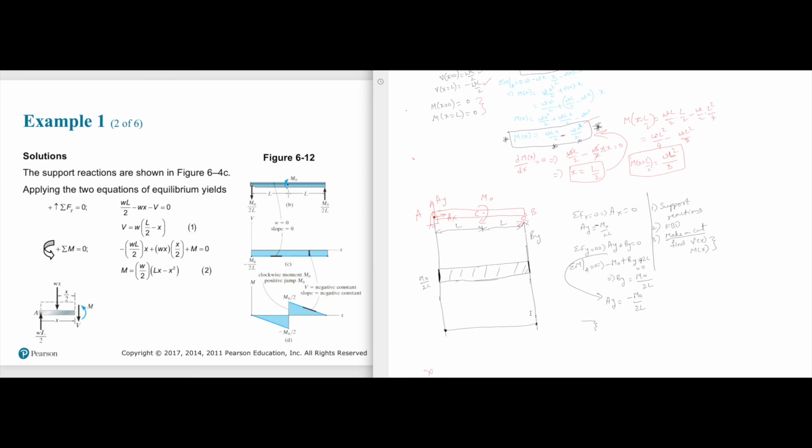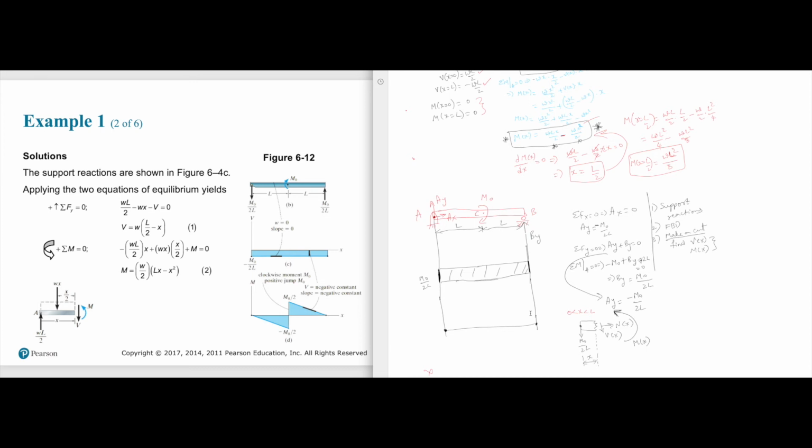Ay would be M naught over 2L. When you make a cut, you have a normal force at X, a shear force at X, and a bending moment at X. This is X, for the region 0 less than X less than L.